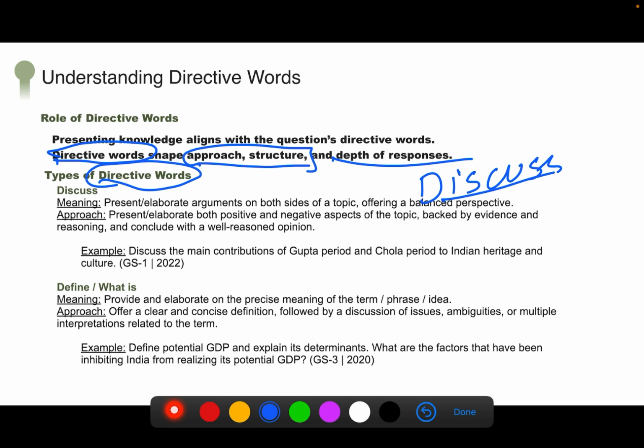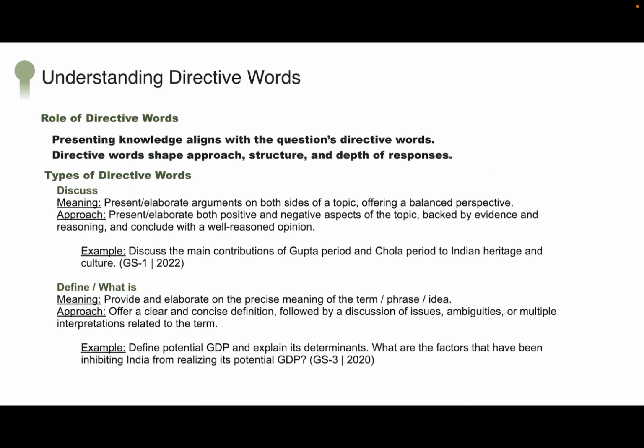Here the question is about discussing the main contributions of Guptas and Cholas to Indian heritage and culture. We need to balance both. We need to balance the contributions of Guptas and those of Cholas to Indian heritage and culture. We should not excessively focus on either Guptas or Cholas. We need to have a balanced picture of the given context provided in the answer.